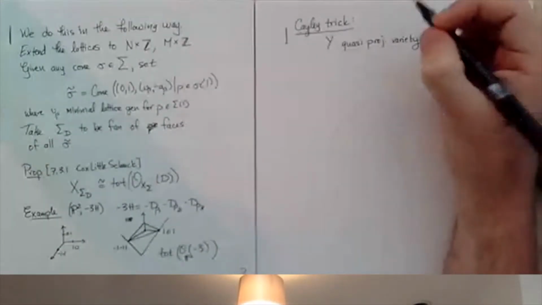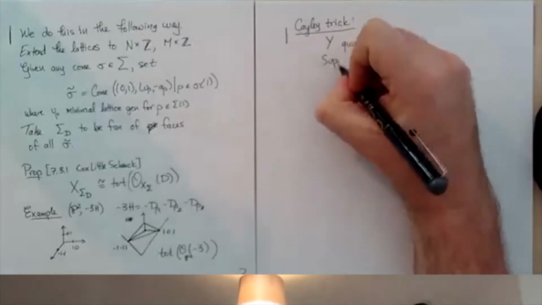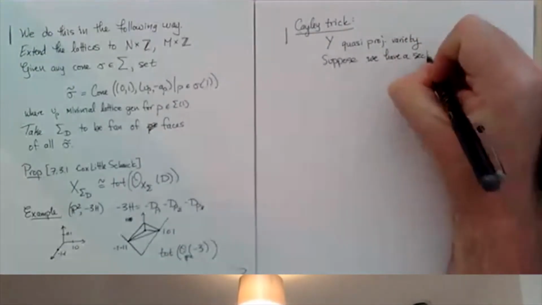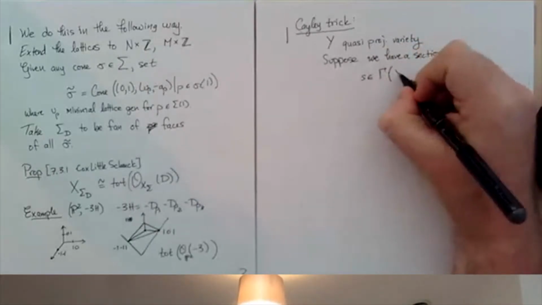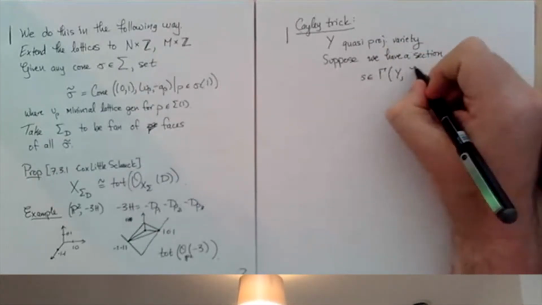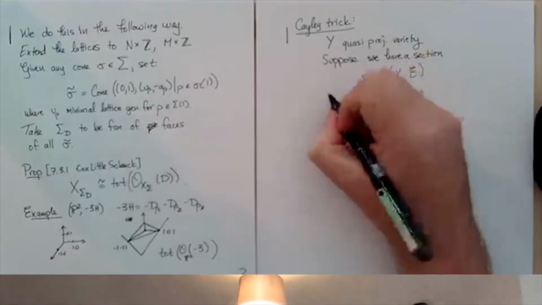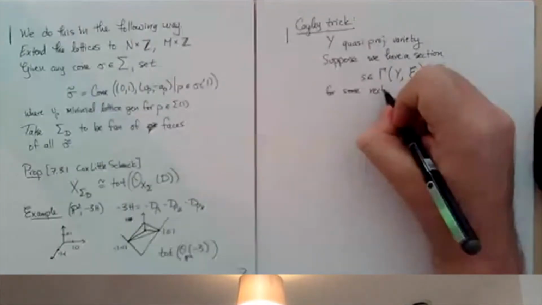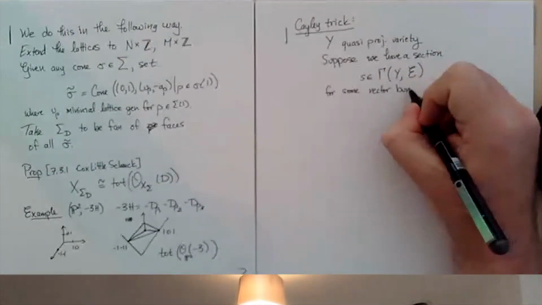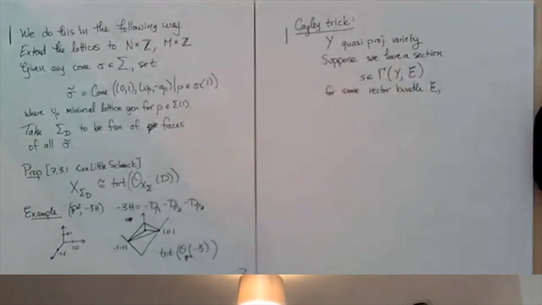Okay, and then I suppose I have a section S in Y that is a global section of some vector bundle E. Then I can make a function from this.